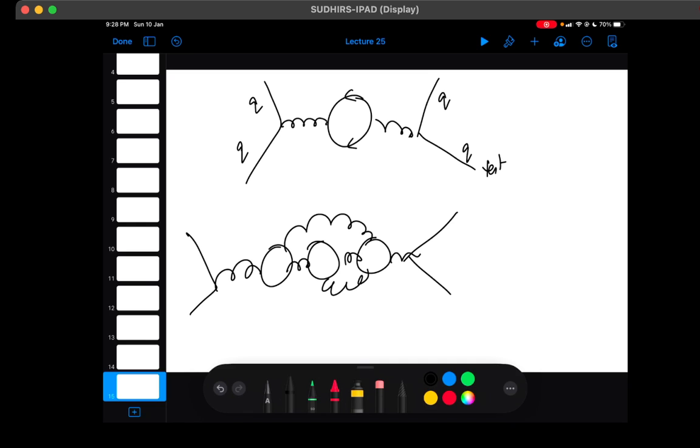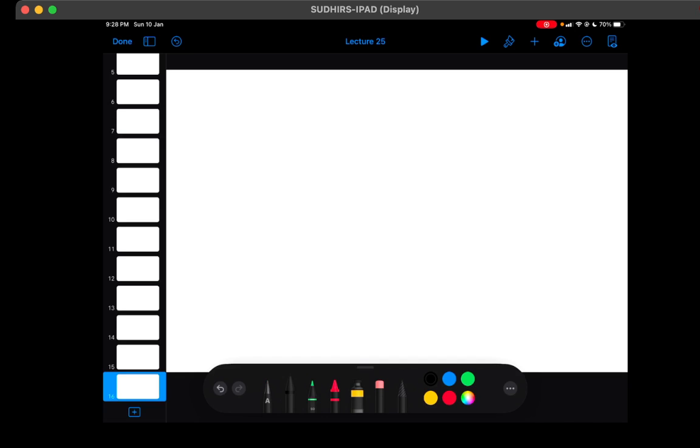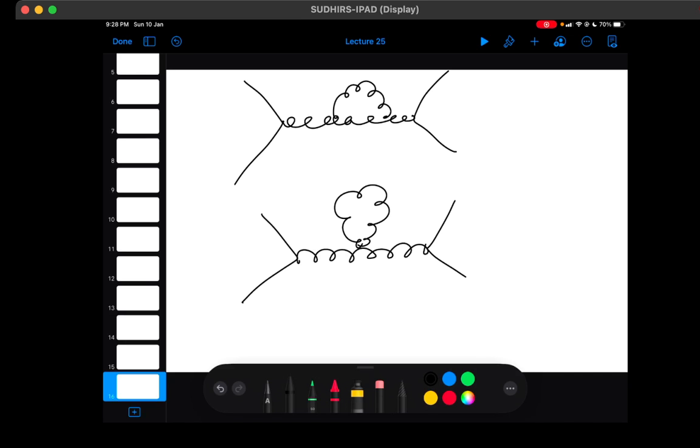In addition, there could also be contributions coming from diagrams in which you will have gluons sitting here, and then there is a quartic gluon vertex also, so you'll also have gluons sitting at the same bubble, so you'll have this kind of diagrams also. There could be a large number of these things. So there are a huge number of diagrams.